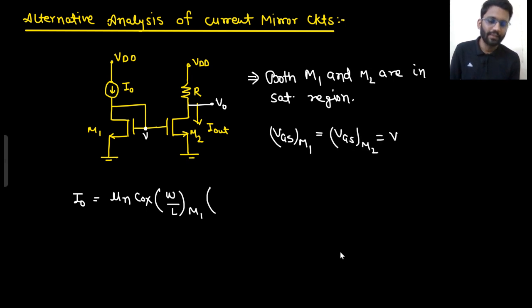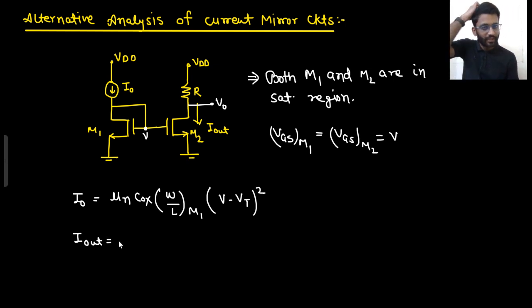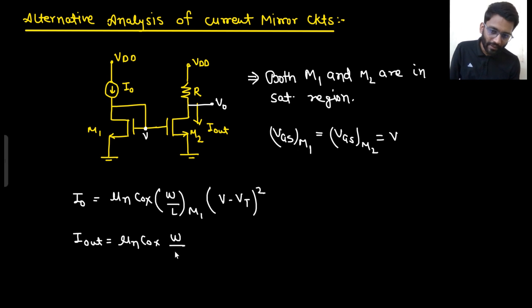Say yes or no. Right? What will be your I out? That will also be mu n Cox W by L of M2 into VGS, which is V minus VT, whole square.